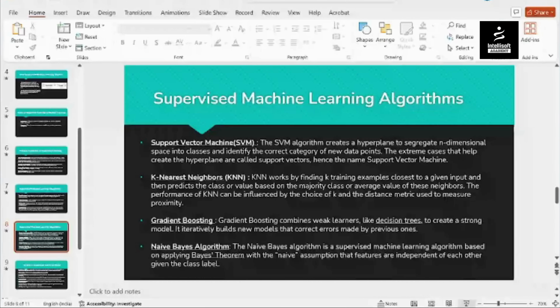Then, training a supervised model. Whatever I told you is a summarized version of this. We first collect data and pre-process it, then we split the data into training and testing sets. 80% of the data set is the training set and 20% is kept aside as the testing data set. Then we choose a model according to our need: whether we want to answer in yes and no, 0 or 1, or we want a continuous value.